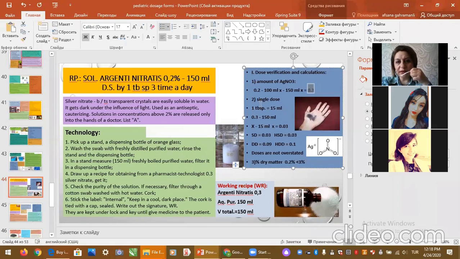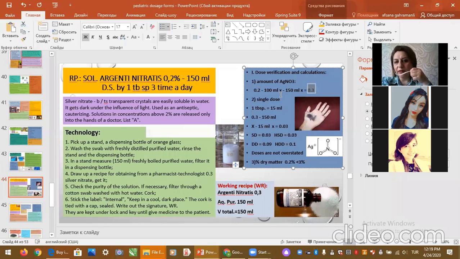My dear students. What does 0.3 mean? It's the amount of silver nitrate, because 0.2% in 150 ml, you calculate that this is 0.3.